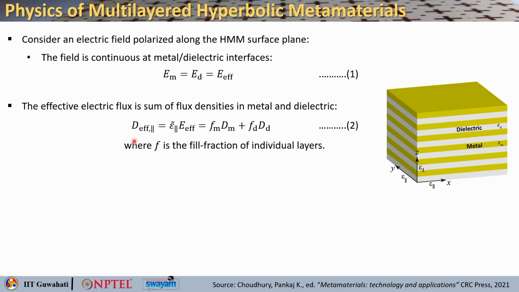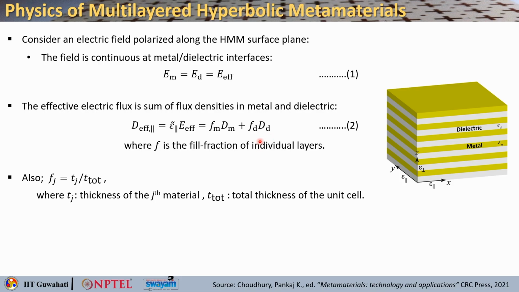So you can write D effective parallel will be epsilon parallel E effective, and that can be written as Fm Dm plus Fd Dd. Fm and Fd are basically the volume fractions of the metal and the dielectric. So obviously if you calculate one, the other one will be, Fd will be 1 minus Fm, very simple.